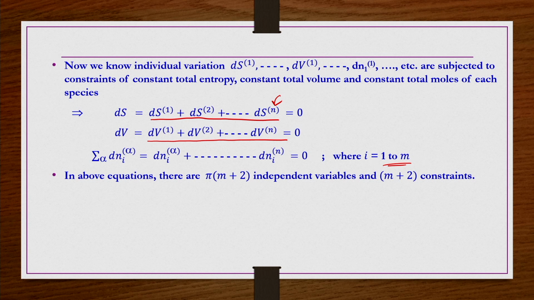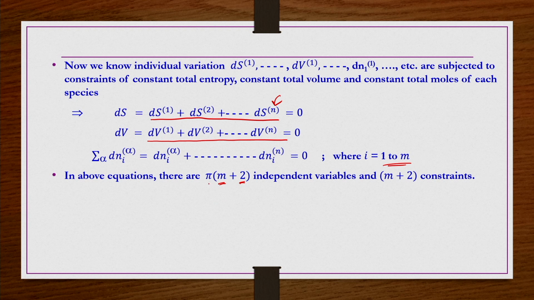So, here in the above equations, how many independent variables are there? There are m number of components, and then there is S and V, and how many phases are there? Pi number of phases are there.